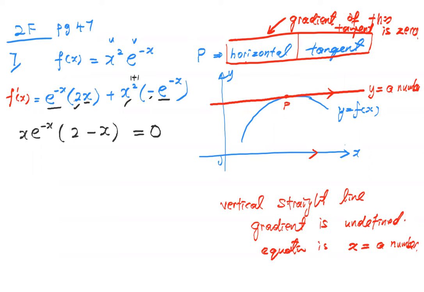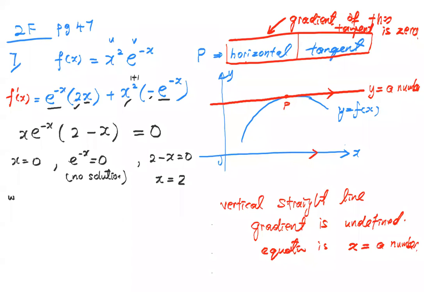So there are 3 possible answers. x equal to 0. e to the power negative x equal to 0, is it possible? No solution here. And 2 minus x equal to 0, so x equal to 2. Now find the possible coordinates of P. I'm not done yet.